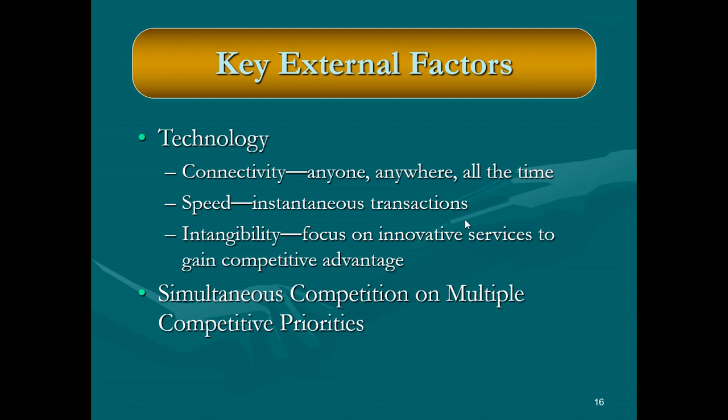Intangibility focuses on innovative sources to gain competitive advantage. By the way, if you are an organization like Dina Farm products, you have your own distribution centers all over Egypt.